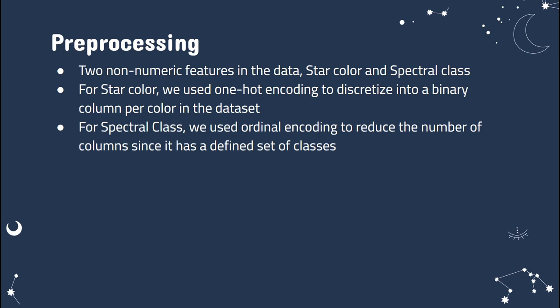For star color, we used one-hot encoding to get a bunch of columns with numeric binary values of whether it was that color or not. And for spectral class, since there was a defined set of things that it could be, we used ordinal encoding instead to be more efficient and not just have 7 more columns for no good reason.